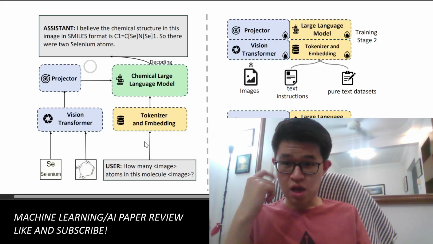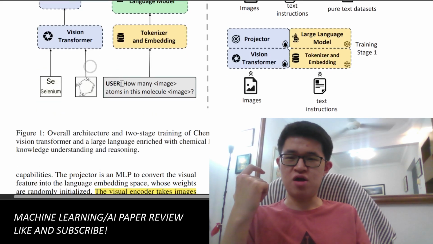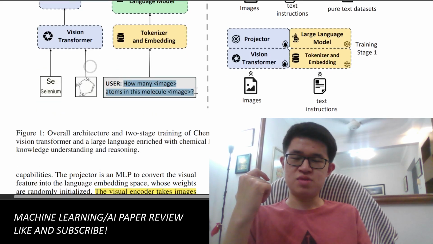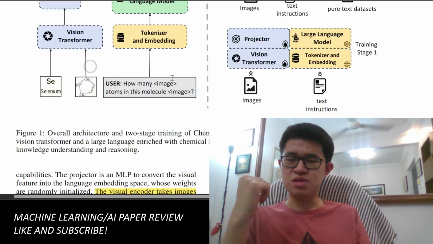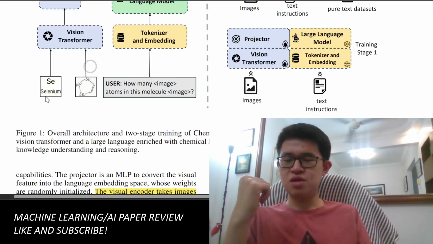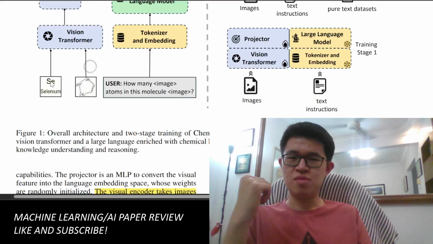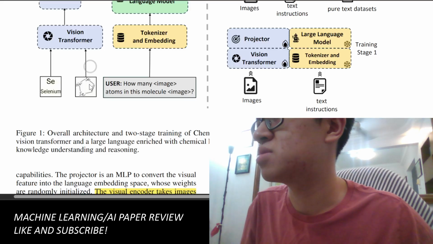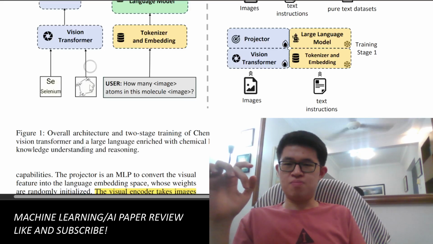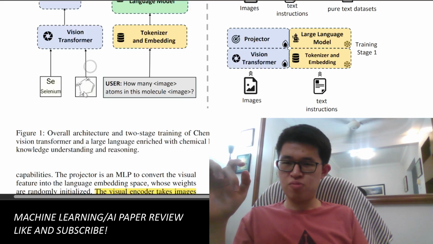You also have to specify an instruction prompt. In this case, I would assume it's: how many selenium atoms are in this molecule right here?